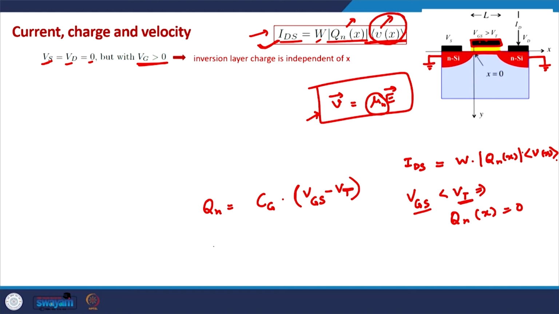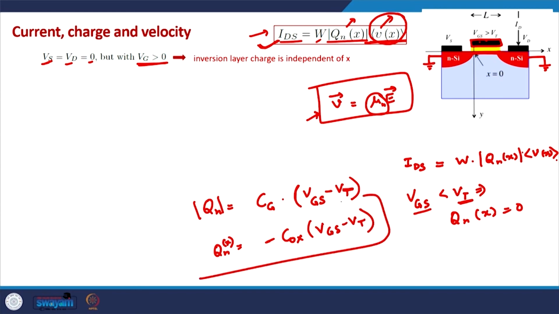With some approximations, the gate capacitance is considered to be the oxide capacitance, and this channel charge is negative. So the charge in the channel is minus C_ox times (VGS minus VT). This is the case when the source voltage is 0 and the drain voltage is also 0. This is the starting point for the traditional MOSFET electrostatics.